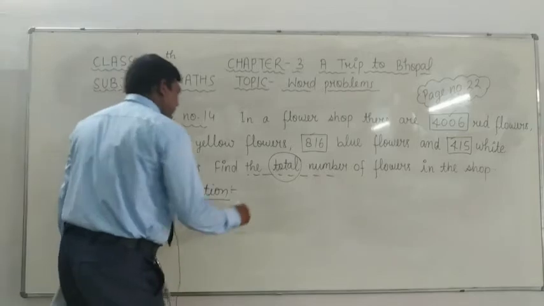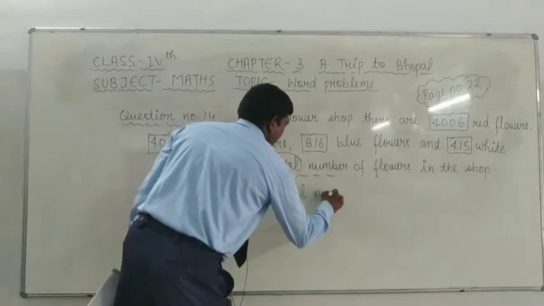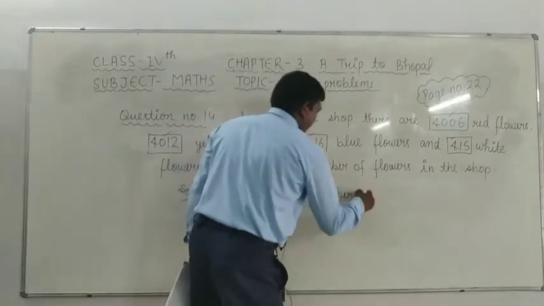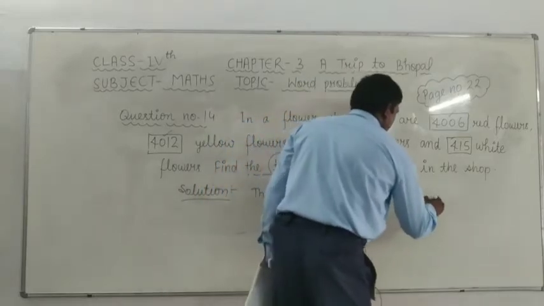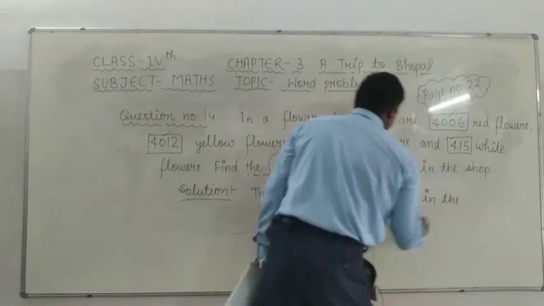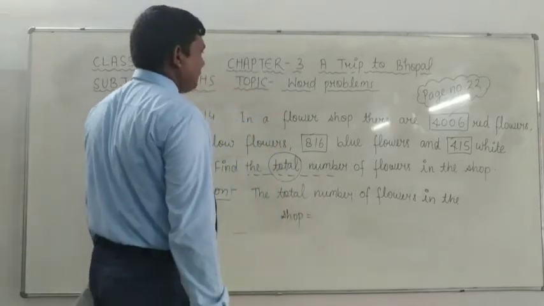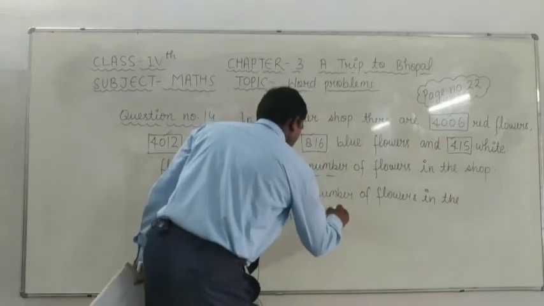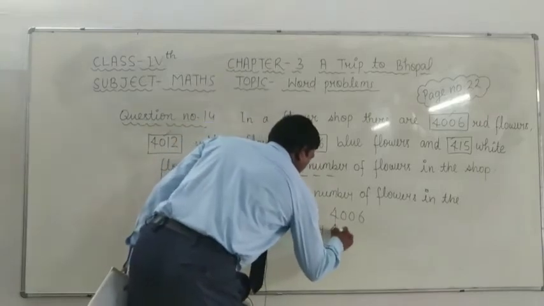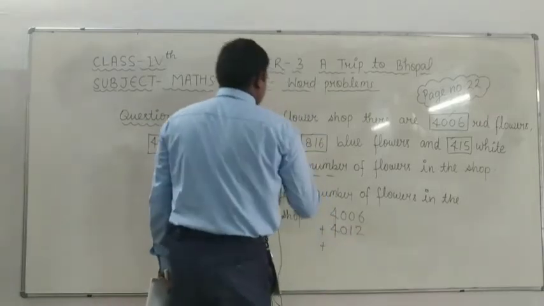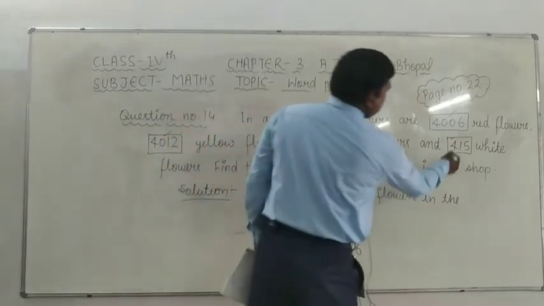The total number of flowers in the shop is equal to, dear students, here we have to take the addition of 4,006 plus 4,012 plus 816 plus 415.